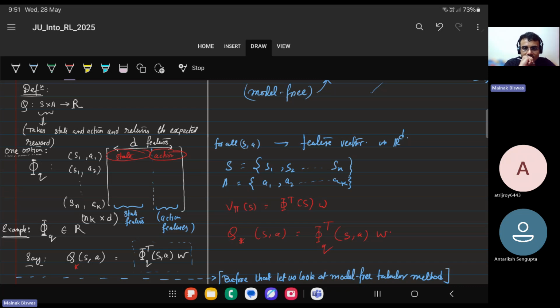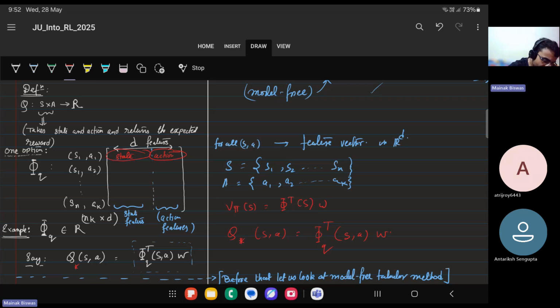Is this fine with everyone? The features are given to me for every state and action. I have D features, for example cycling, velocity, acceleration, angular momentum, and so on. And the actions could be what torque I give, the magnitude of torque, left, right, and so on. And I learn the corresponding weights for them. The same equation, there's nothing new. Can I go ahead and write down the updates now, or do you want some clarification?